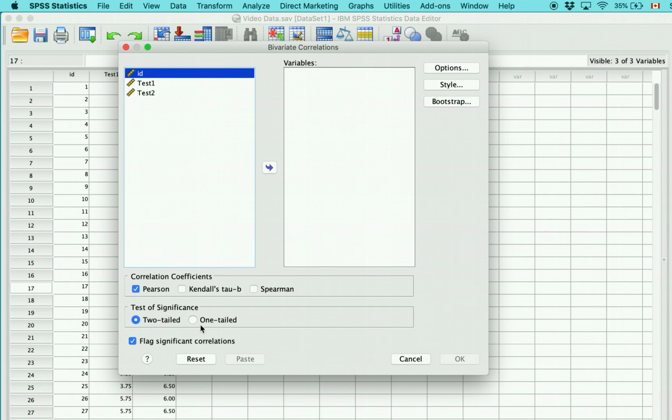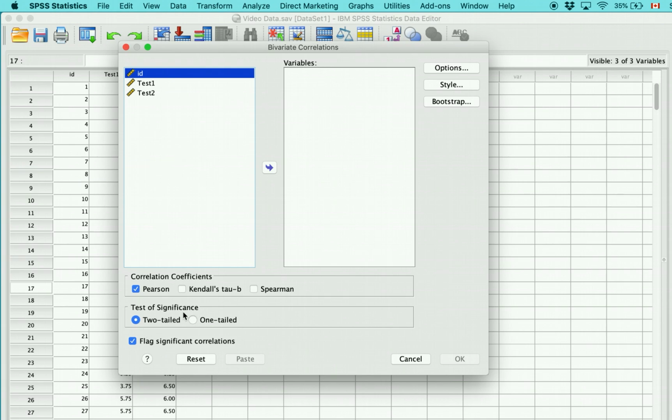And another thing here that you have the option of examining is whether you want to have a two-tailed or a one-tailed analysis. So we've been working all semester on the assumption of just looking at two-tailed analyses, which means that we aren't proposing whether or not we expect to see a positive or a negative relationship, but just looking to see what the relationship is.